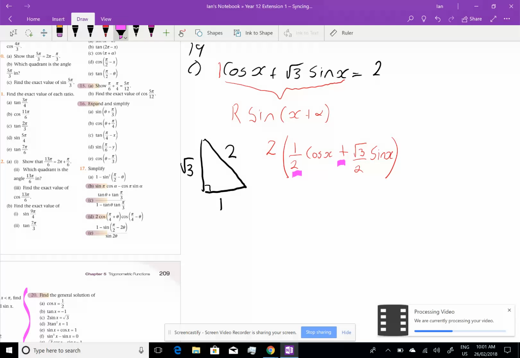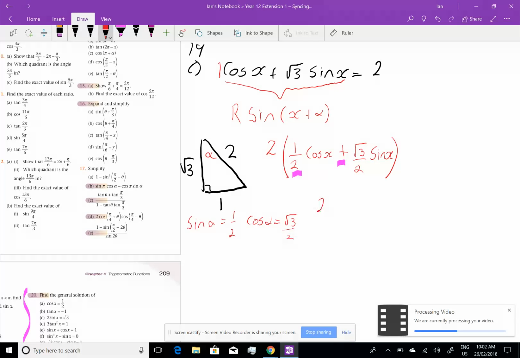So I need to express this half as sine alpha. So in this little triangle over here, I'm going to put my alpha there. And therefore, sine alpha equals a half, and cos alpha equals root 3 on 2.